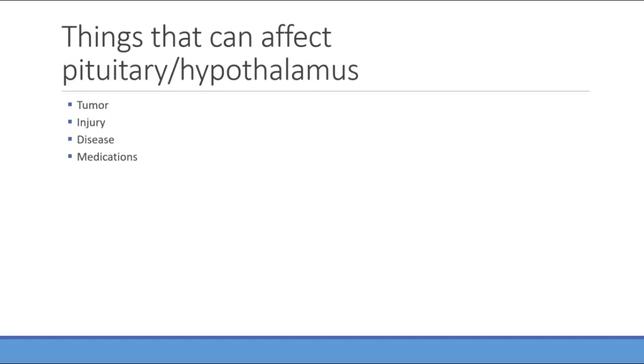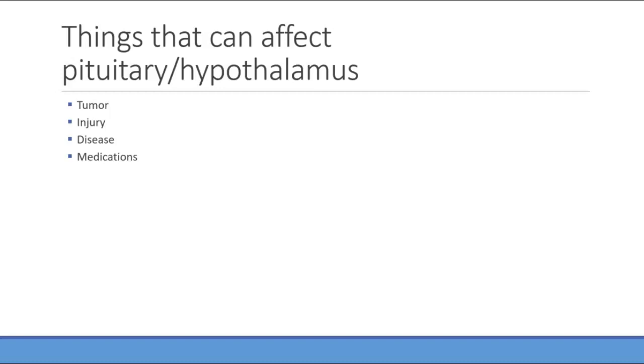So things to consider are things like tumor of the pituitary gland, an injury, something like a head trauma, or a child is thrown from a bicycle maybe and hits their head on the pavement, and all of a sudden now they can't regulate their body fluids, right? That probably is a result of having an injured pituitary gland.